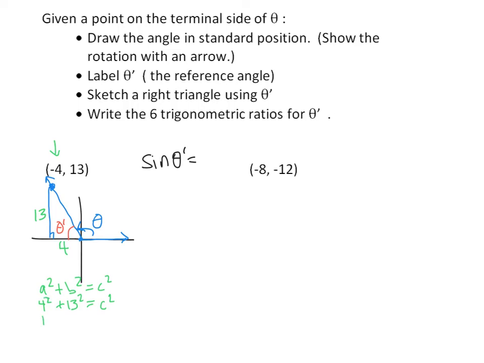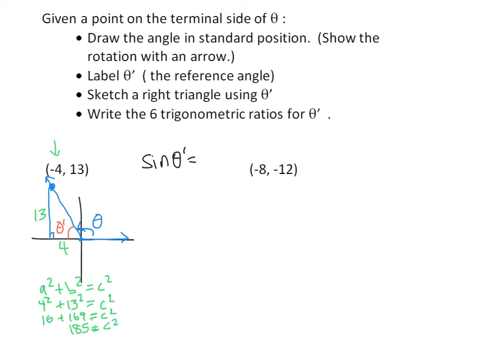So 4 squared is 16, 13 squared is 169, equals c squared. 169 plus 16 is 185, so we have 185 equals c squared, and we know we need to square root both sides to find our answer.